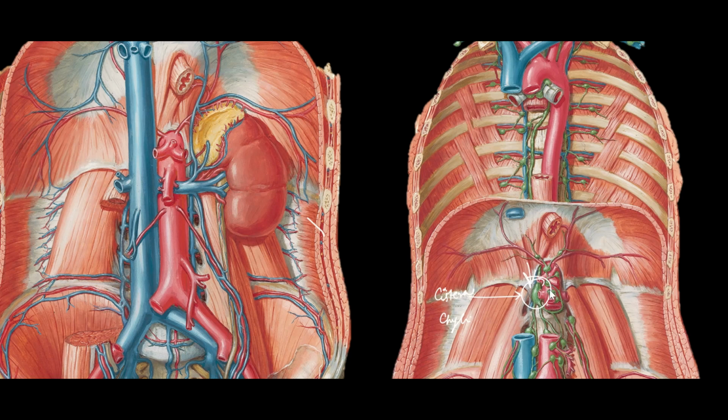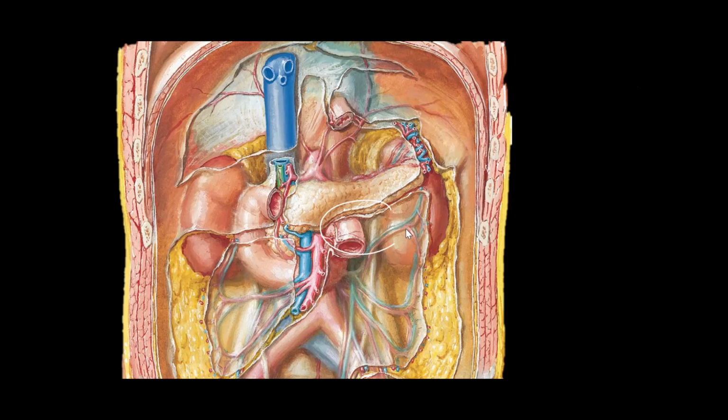If we look at the left aspect of the abdominal aorta, then we will see the left crus of diaphragm, and also the duodenojejunal flexure will be present on the left side.